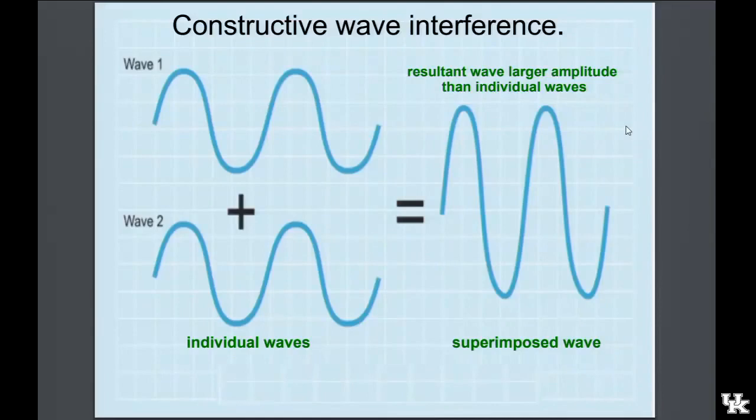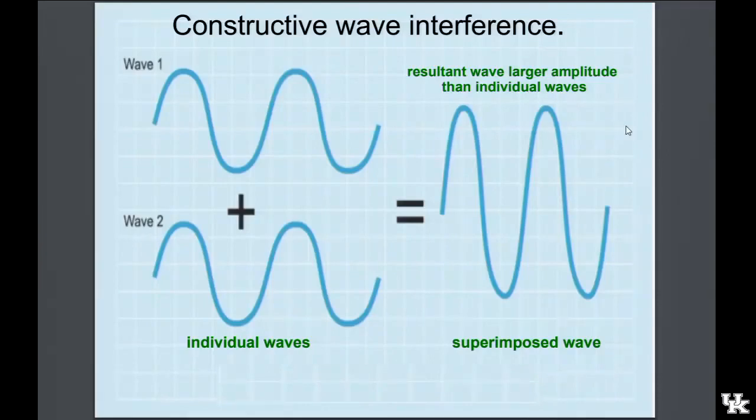And in constructive interference, when the two waves are constructively interfering, you get bigger waves. And when there's destructive interference, when two waves destructively interfere, you get smaller waves. So I just want to show you how that works as waves collide, coalesce with one another. In this slide here, over here on the left-hand side, we're imagining two waves, wave number one upstairs, wave number two downstairs, colliding, coalescing with one another.